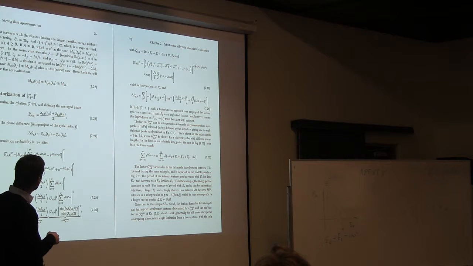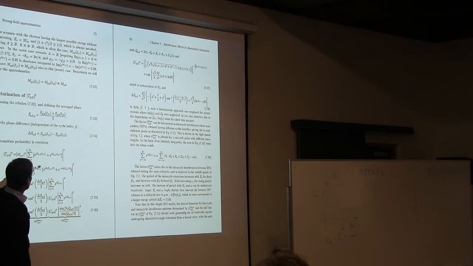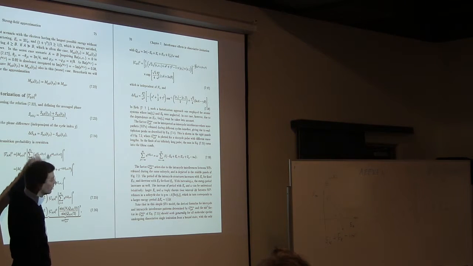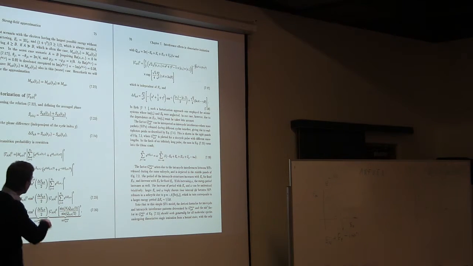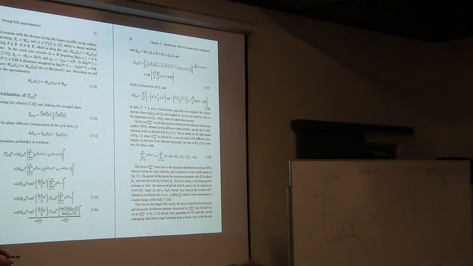And when you do that, you can write the probability, which is the sum over all those saddle points, and you can introduce those two things, namely the average phase and the phase difference, and then you can separate out a contribution coming from the phase difference, which will be intracycle things, and then the rest, which will be intercycle things.